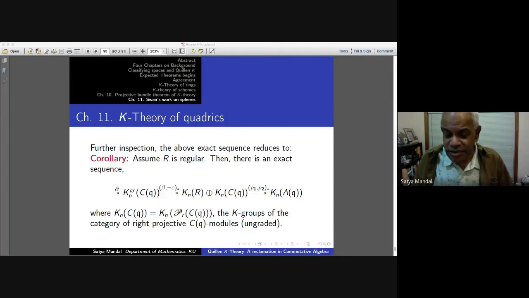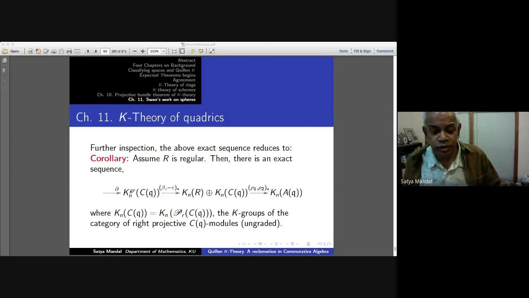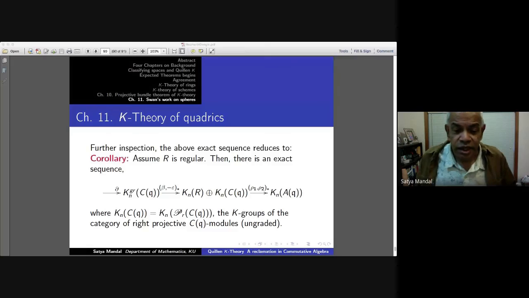But I'm saying, just study K1 of the category of finitely generated modules. If you cannot prove the whole thing, just prove K1 exists. Just give an elementary proof.